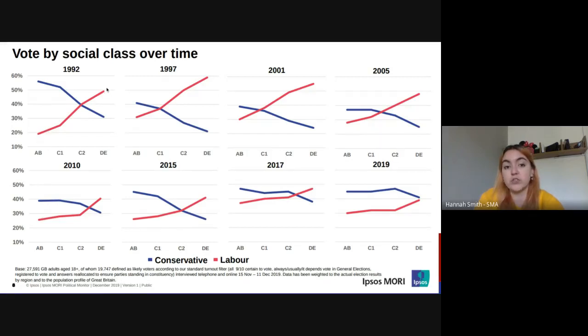However, we know just under 50% of social class DE voted Labour. So what we see there is, if you look at the graph, the lower the social class, the more likely you are to vote Labour. Does that make sense? That is a habit of asking because I can't see your faces.